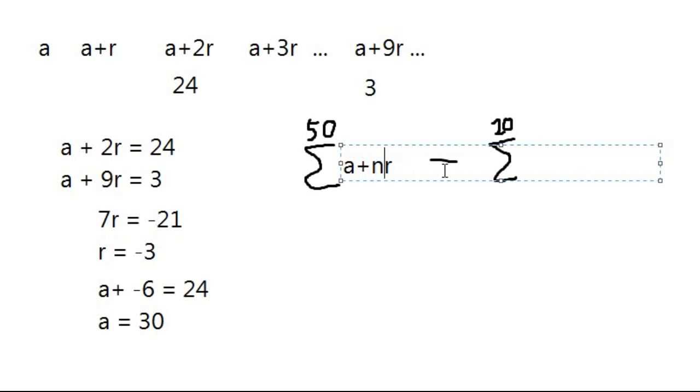So actually it is a plus n minus 1 r. And again, this is not particularly elegant. There are ways to get around this, and I'll show you.